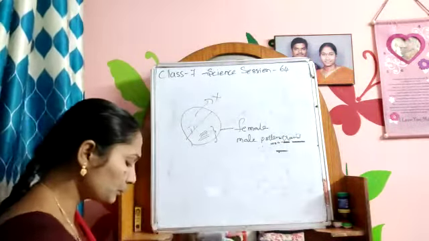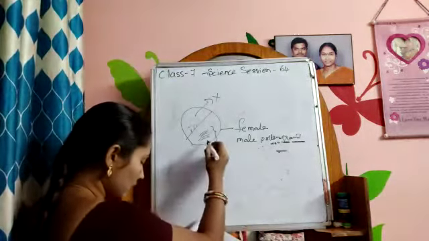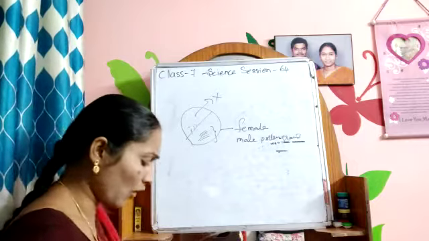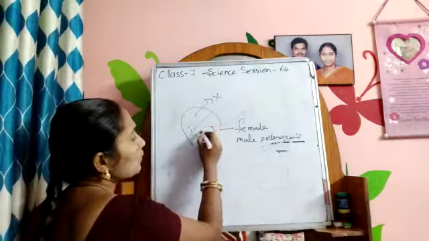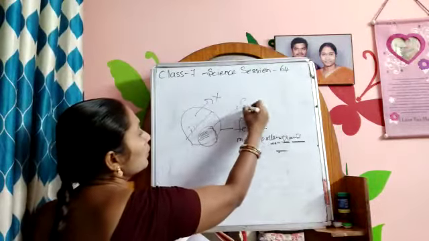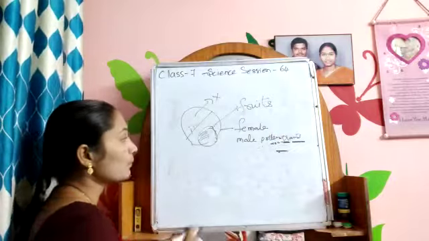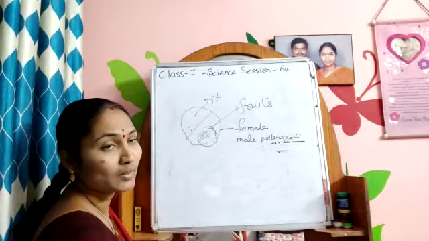So after 1 week, what can you see? After 1 week, observe both pollinated and non-pollinated flowers. Pollinated flowers will develop into fruits. So these pollinated flowers will develop into fruits. These are called pollinated flowers. Why? Because on the female flower we have applied the male flower's pollen grains.